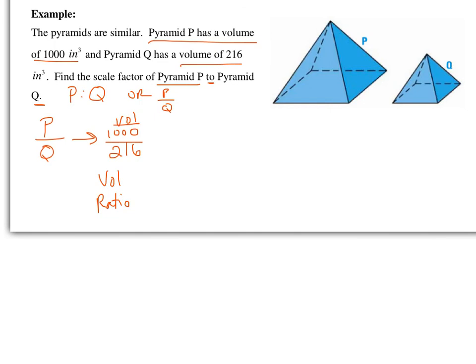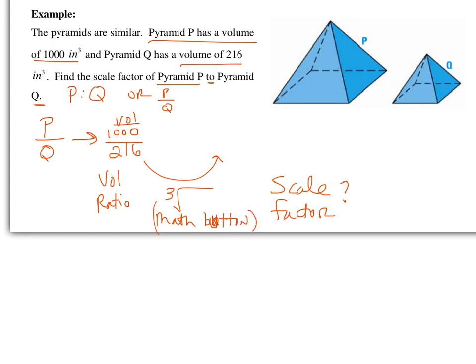And we need to find the scale factor. So what do we have to do with this? We have to take the cubed root of each of those numbers. Remember, that's at the math button in your calculator. All right, so when I take the cubed root of 1,000, I get 10, because 10 times 10 times 10 gives me 1,000.